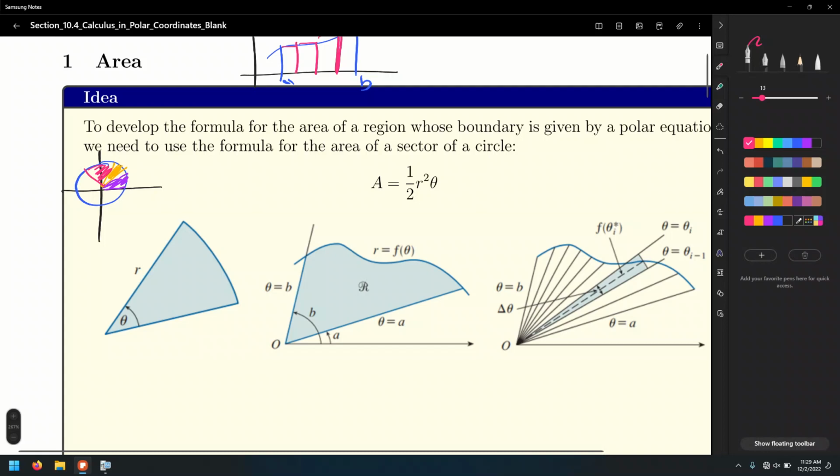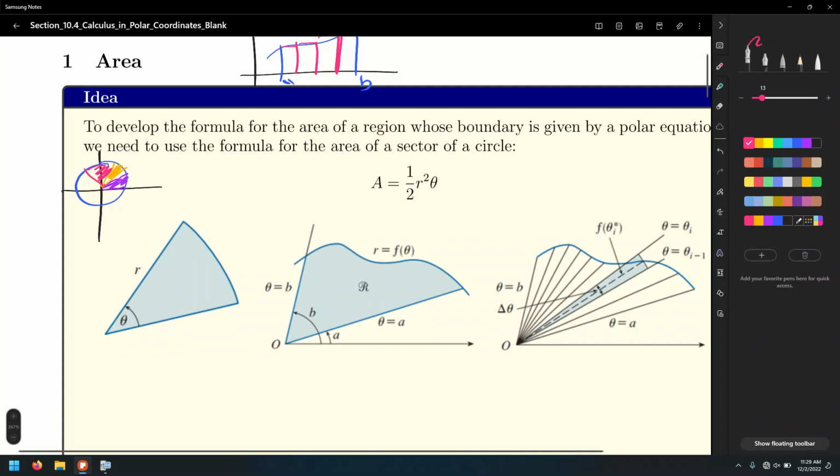However, for the simplest case, which is the circle, that's the idea, and we already have a formula. However, not all shapes in polar look the same. They don't look circular, because remember that butterfly, it's not circular. Remember that heart, that Valentine curve, no, that's not circular.